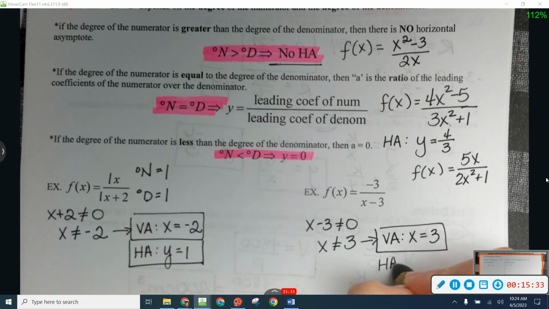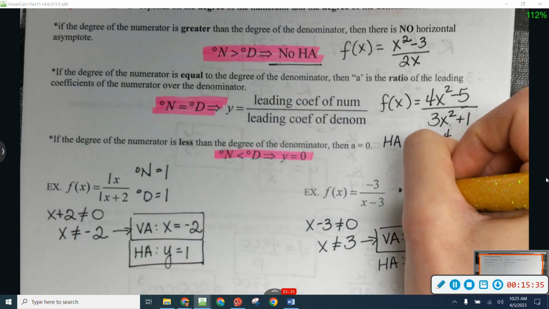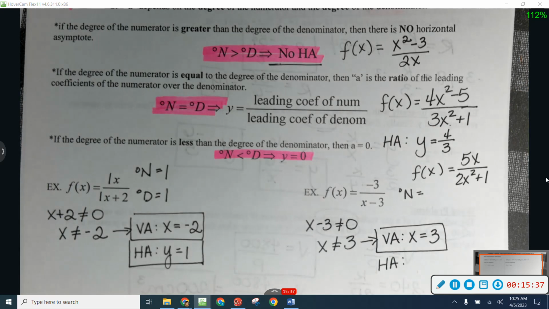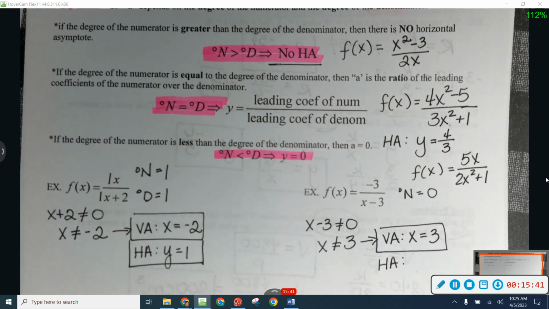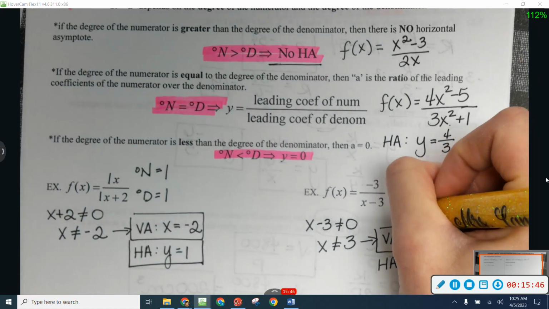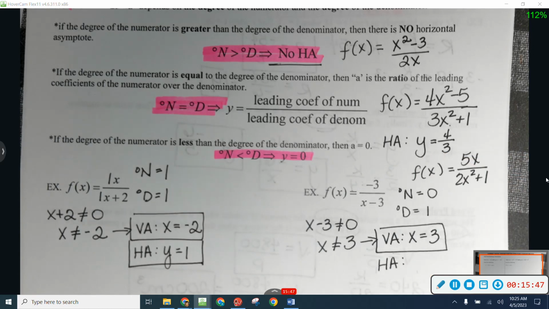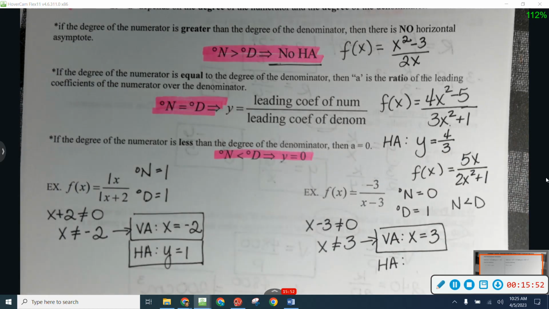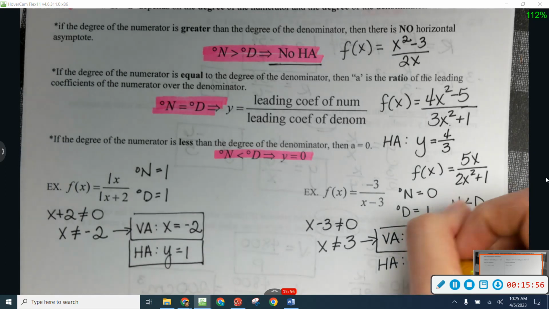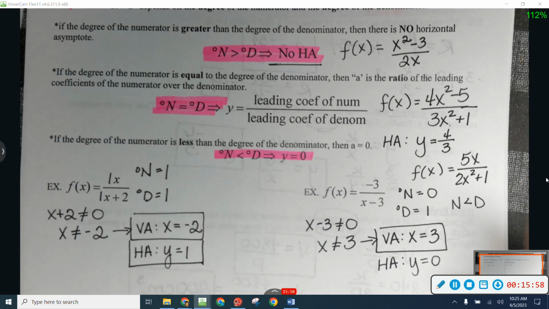Now my horizontal asymptote: my degree of my numerator, I don't have an x. So that's 0. If it's just a constant, then my degree is 0. And then my degree of my denominator is 1. So my numerator is less than my denominator. So my rule tells me it's y equals 0.